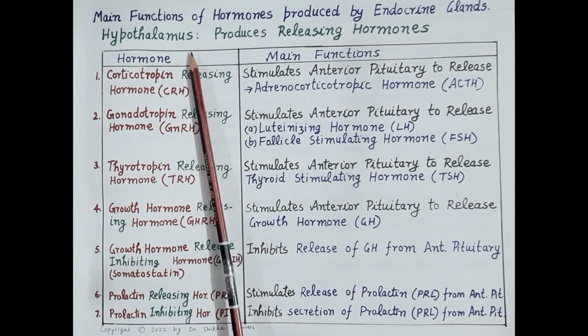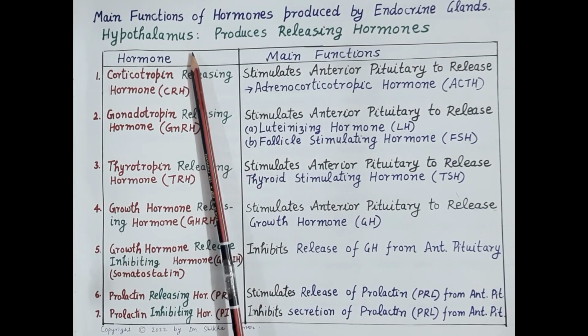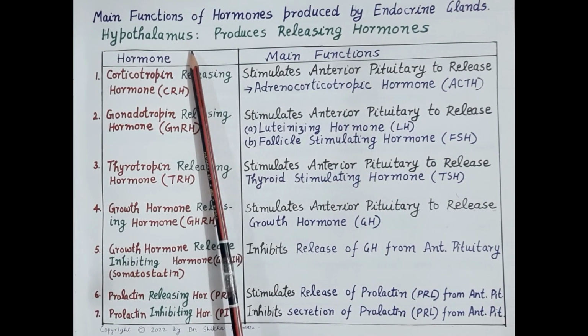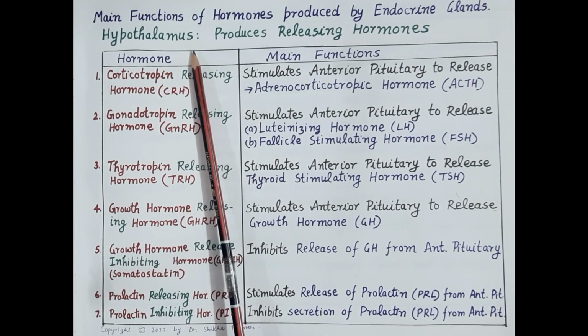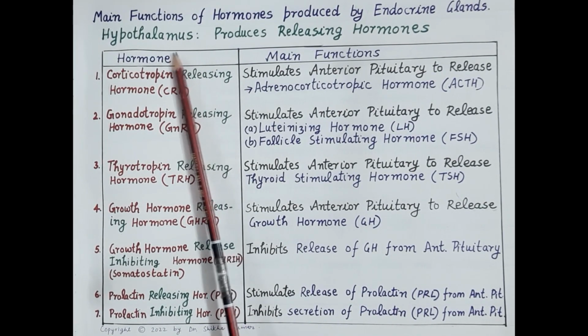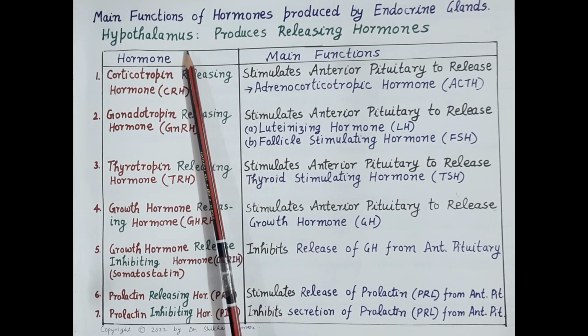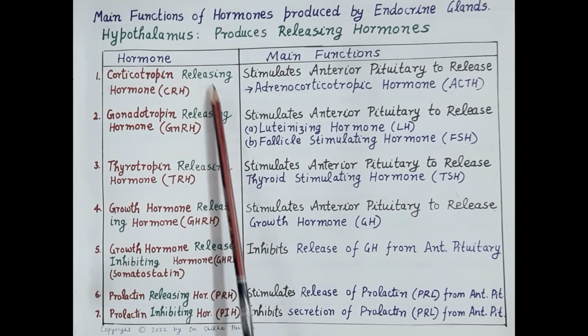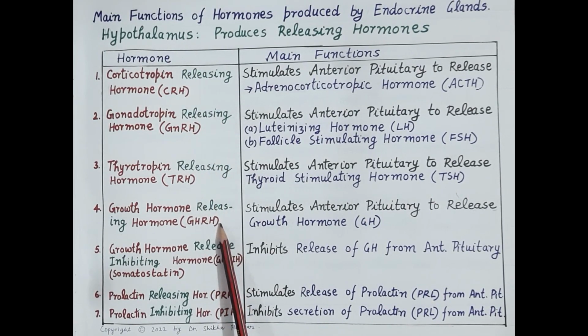After understanding basics of endocrine system, let's study hormones released by the individual endocrine gland and their functions. First and the most important endocrine gland is the hypothalamus. Now very important, you must remember that hypothalamus produces releasing hormones which stimulate the anterior pituitary.